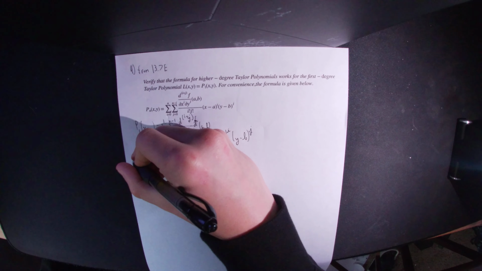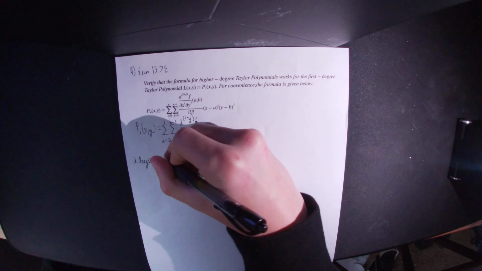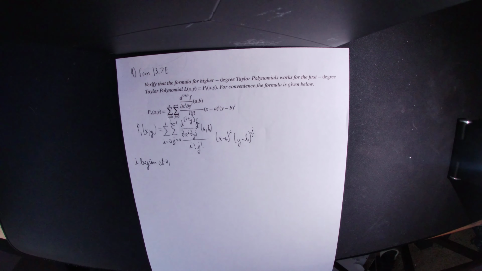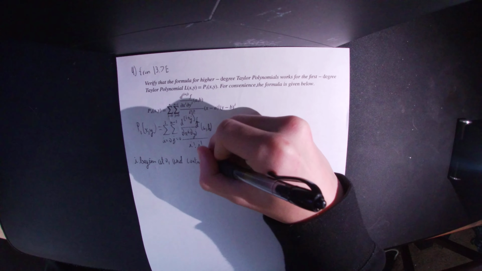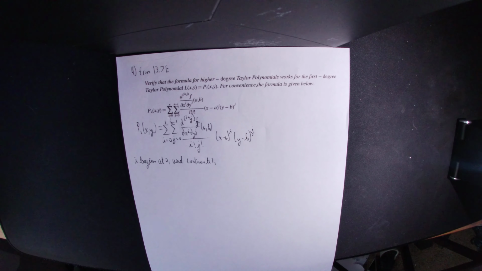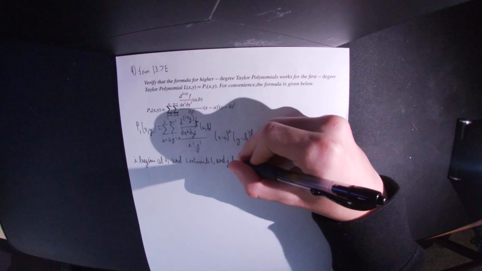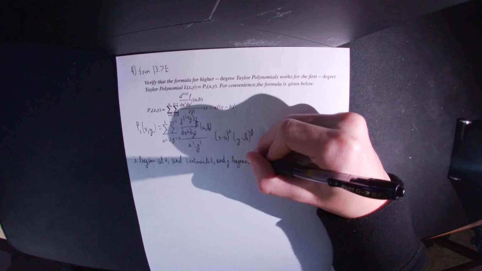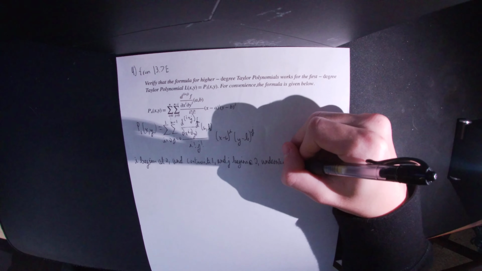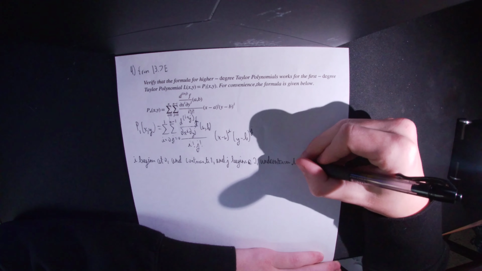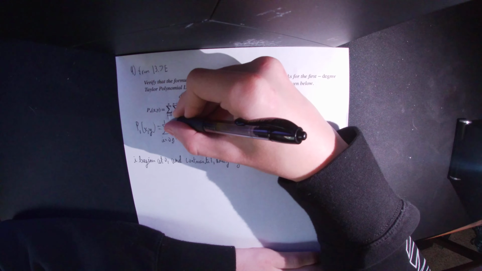So since i will begin at 0, i begins at 0 and continues to 1, and j also begins at 0 and continues to... I just realized I made a mistake up here.